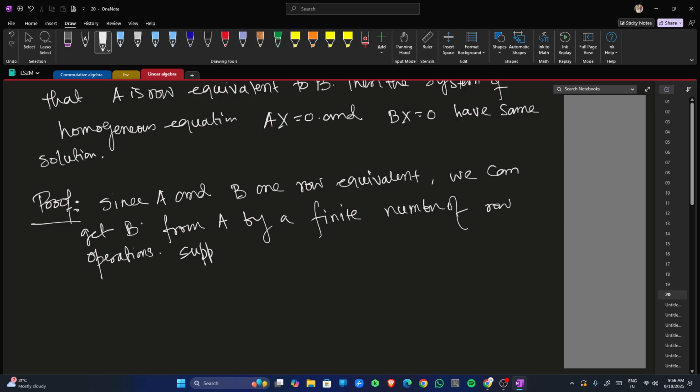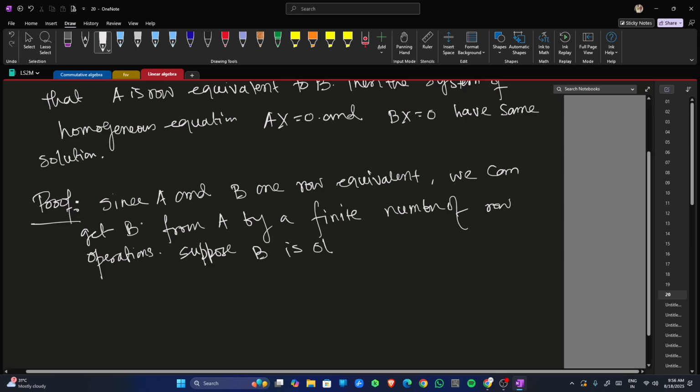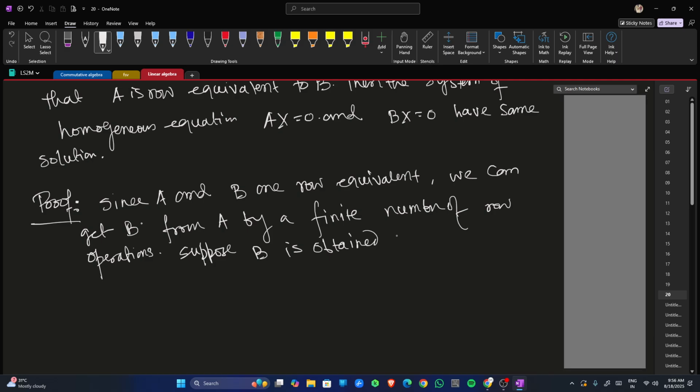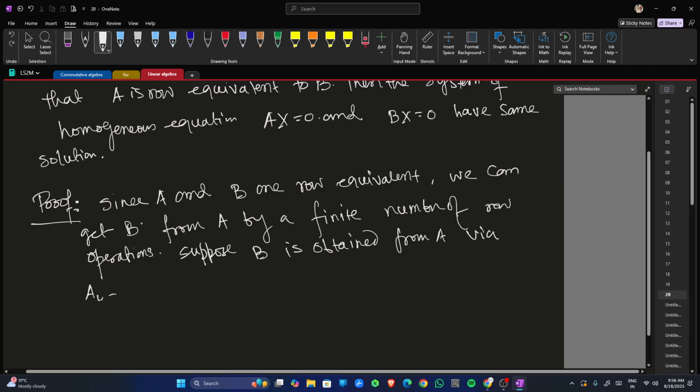Suppose B is obtained from A via C1 to CR matrices.